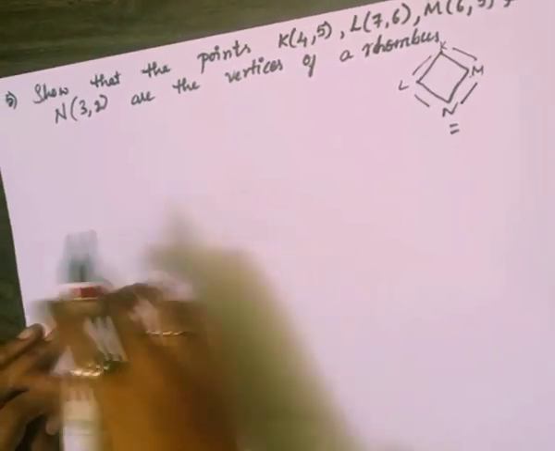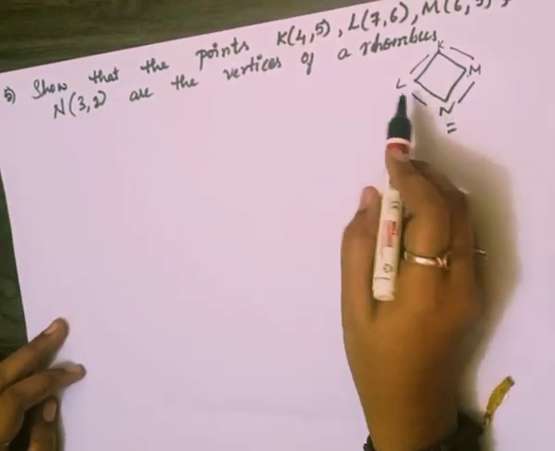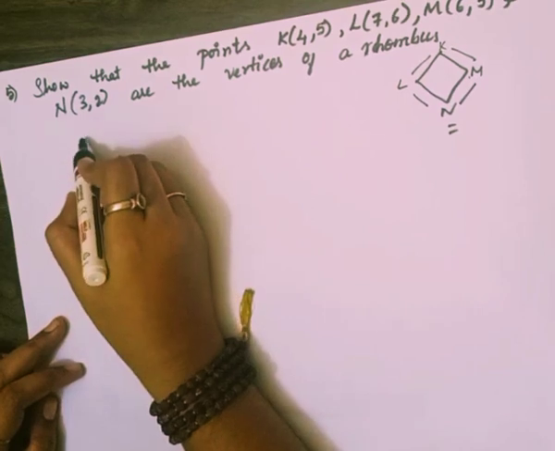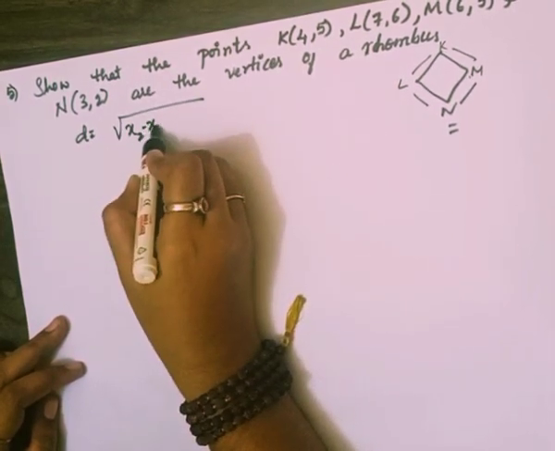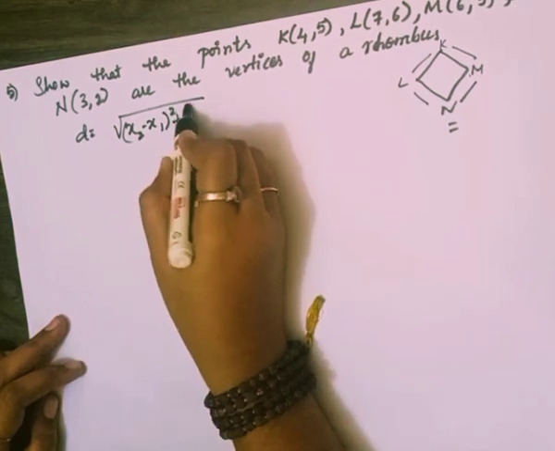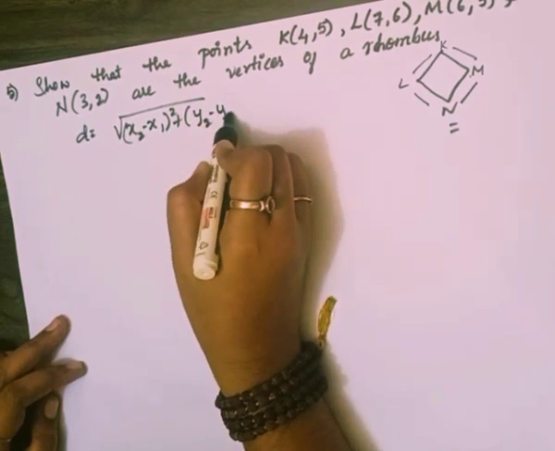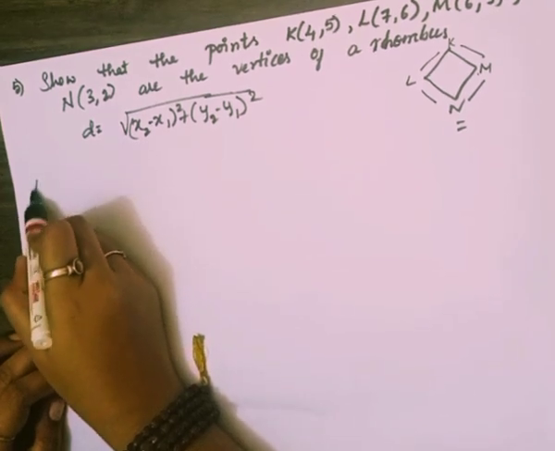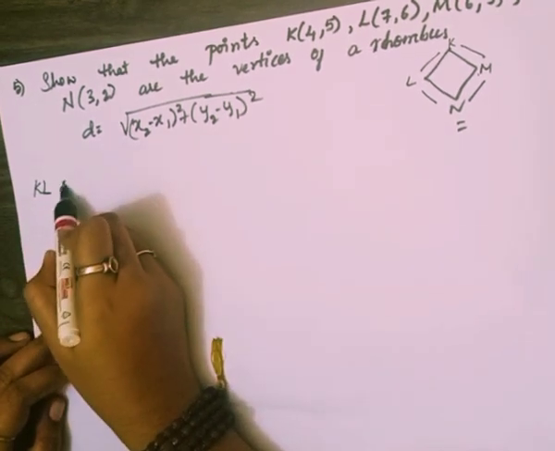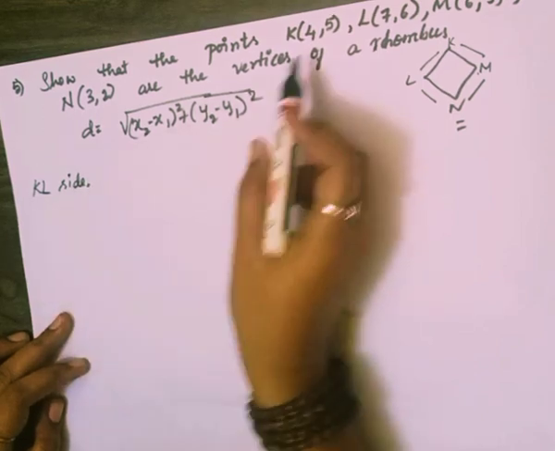Let's prove now. We need to find out distance, so which formula do we need to go with? That is d is equal to square root of (x2 minus x1) whole square plus (y2 minus y1) whole square. Now first I'll take the distance formula for KL. KL side, what do we have?